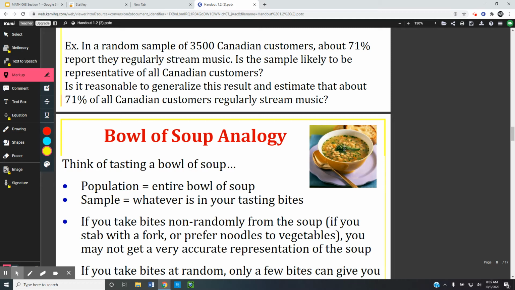But is it reasonable to generalize this result to all Canadians? It depends on the sampling that was taken. Did the sample represent all Canadians? Was the random sample just random in a particular area? What was the age group of the random sample? So we have to delve deeper when we have this discussion.